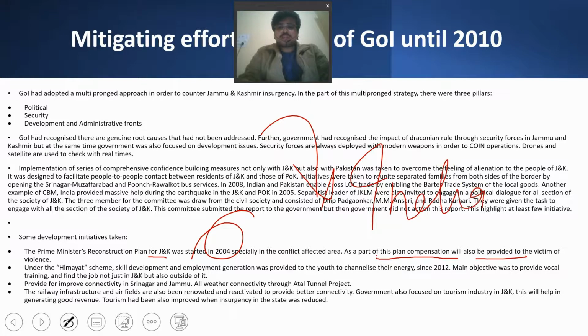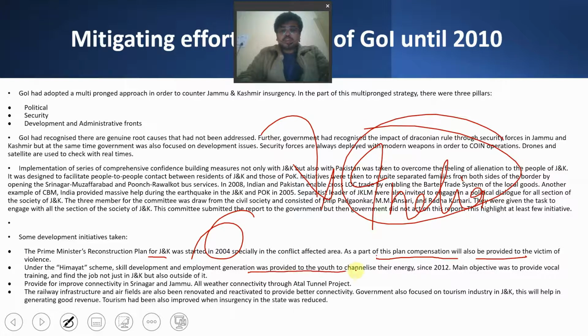Under the Himayat scheme, skill development and employment generation was provided to the youth to channelize their energy since 2012, and the main objective was to provide vocational training and find jobs, not just in Jammu and Kashmir but also outside of it.